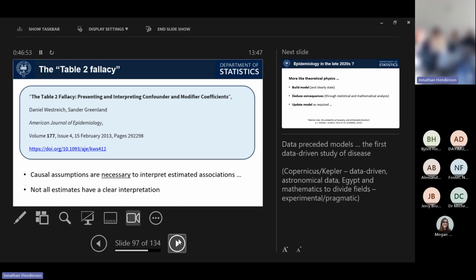It's called the Table 2 fallacy, and I do recommend taking a look at it. It points out that very often in a lot of these studies, Table 2 contains a list of all these associations, but the interpretation of them should be very different, and it depends exactly on how you're thinking of the model in practice.